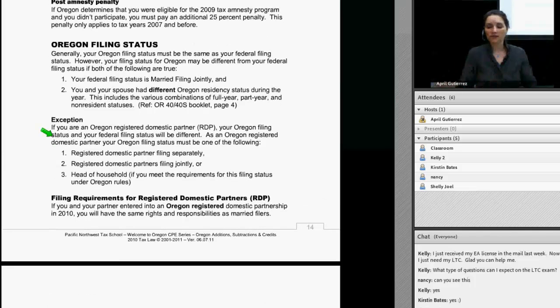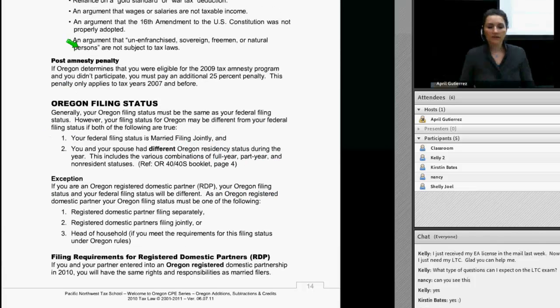And I wanted to do a couple of little illustrations with regards to this filing status choice for married filers who have different residency statuses, because I guarantee you Oregon will ask these questions on their test. So I'm going to give you some possibilities here. We've essentially got part year for one filer and full year. We also have non-resident for one filer and full year for the other.